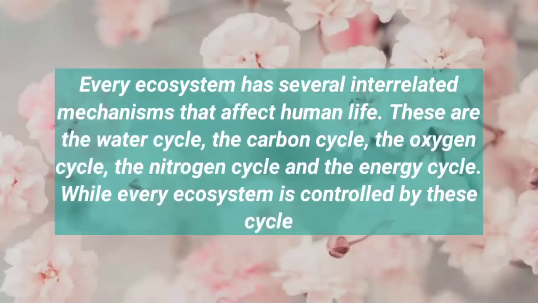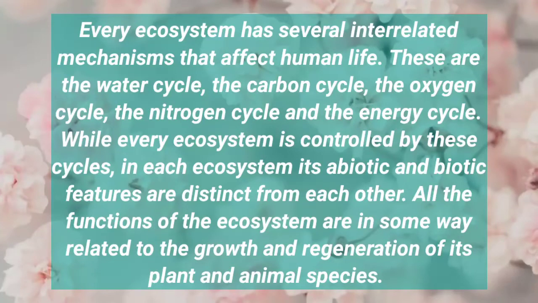Every ecosystem has several interrelated mechanisms that affect human life. These are the water cycle, the carbon cycle, the oxygen cycle, the nitrogen cycle, and the energy cycle. While every ecosystem is controlled by these cycles, each ecosystem, its abiotic and biotic features, are distinct from each other.